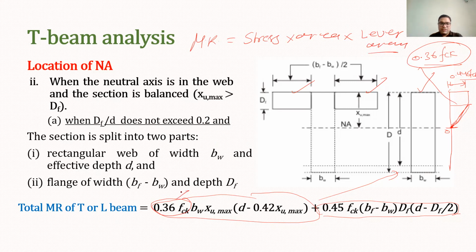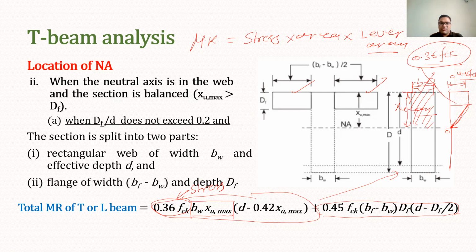Here, this is basically the stress, and this is the area, BW into XU max. Only this part is active. So this one becomes BW and this one becomes XU max, because we are calculating the value for a balanced section. This is only the effective area.